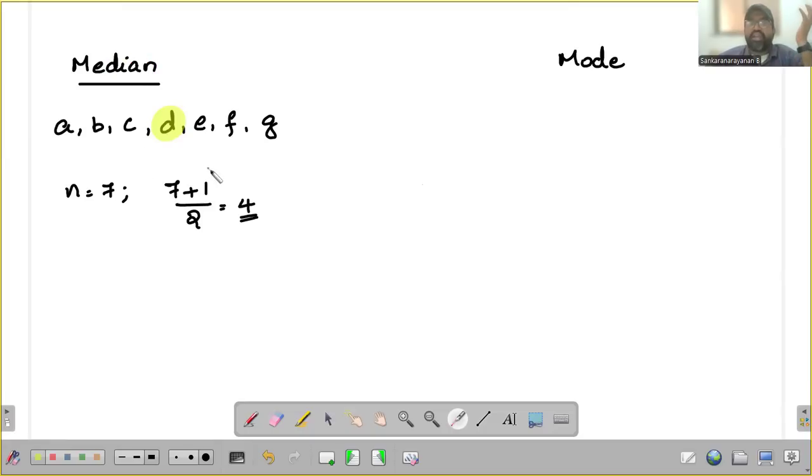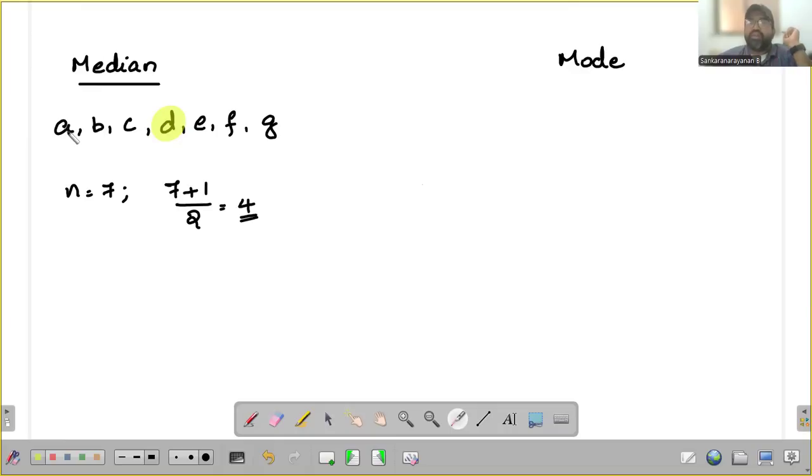So arrange those observations in the ascending order or in the descending order, whichever you are comfortable with, sort it correctly, and then locate that middle observation. If the number of observations is odd, just do plus 1 by 2. Here it is 7 plus 1, 8 by 2, 4. The fourth observation will be located exactly in the center.